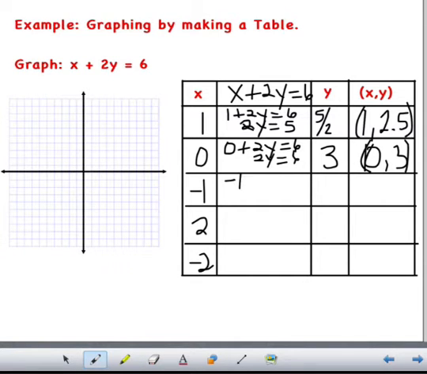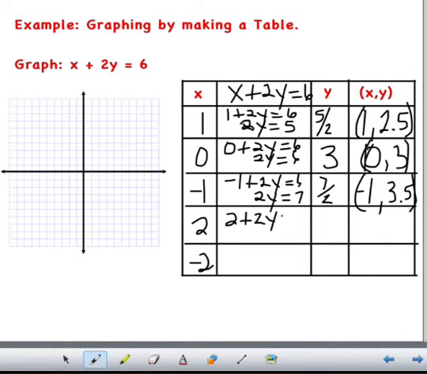Negative 1 plus 2y equals 6. So 2y is equal to 7. So y is going to equal 7 halves. So my ordered pair is (-1, 3 1/2). Plugging in my next point, which is 2, it's going to be 2 plus 2y is equal to 6.